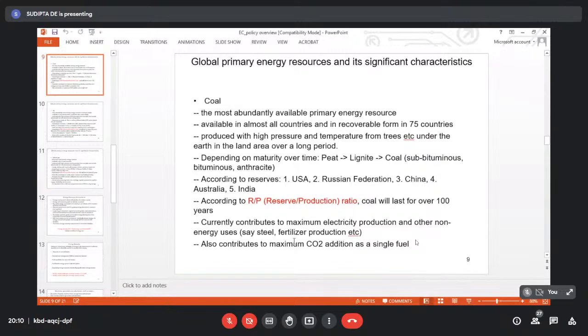Whatever has been calculated is based on the current known reserve versus production ratio. So with respect to fossil fuels, the largest, rather the safest reserve with respect to time span is coal, because it has almost 100 years of assurance of being supplied, at least according to the current R by P ratio.